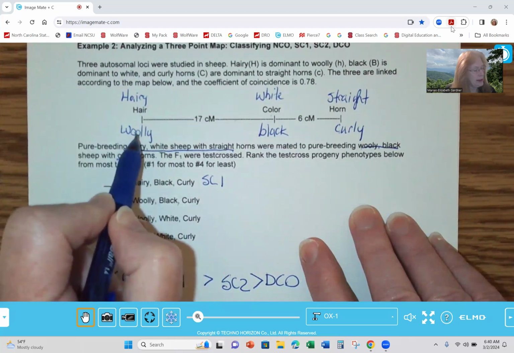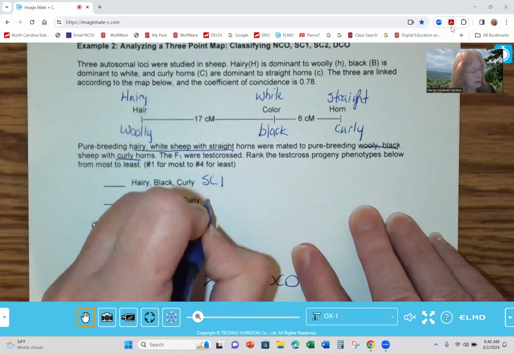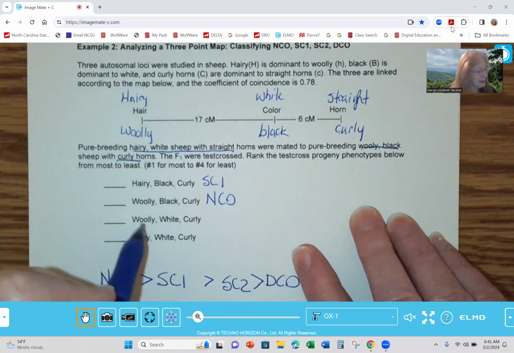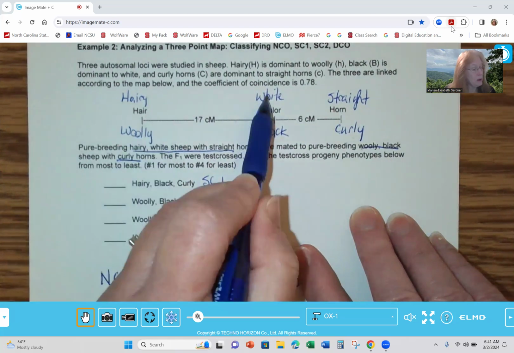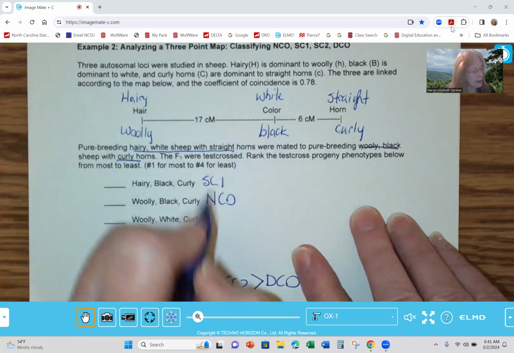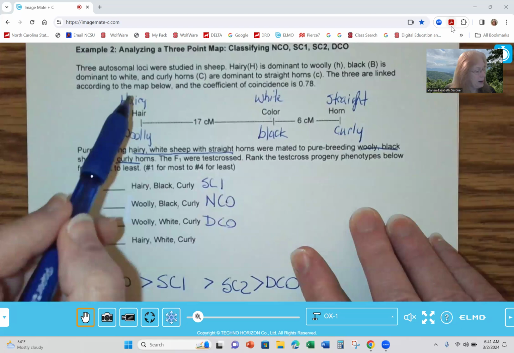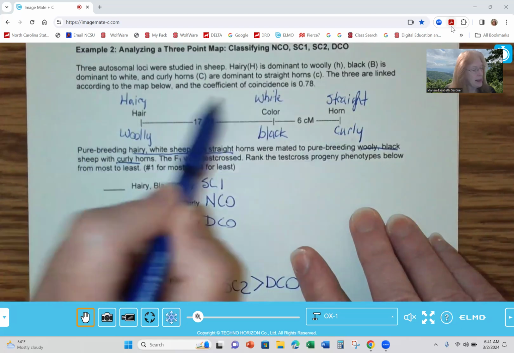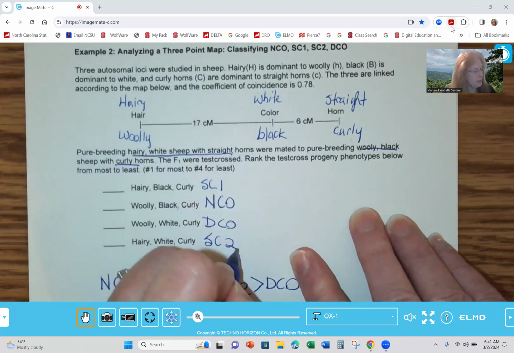Woolly, start at the bottom, black, stay down, curly, stay down. NCO, that one's going to be the most common. Let's see, woolly, white, curly. Woolly, cross up to white, cross back down to curly, that's a DCO. That will be the rarest. And hairy, white, curly. So here we stay up in the first region, cross in the second, SC2.